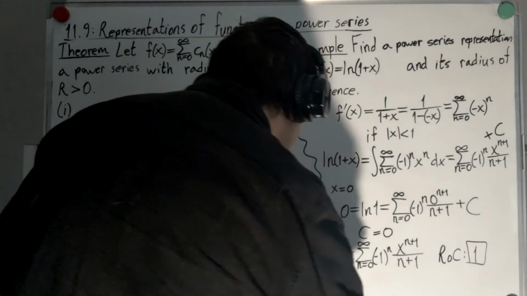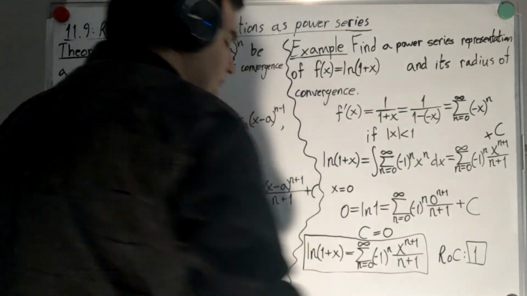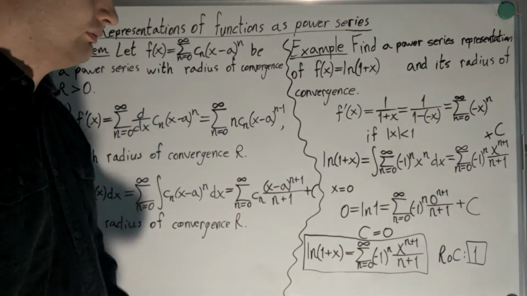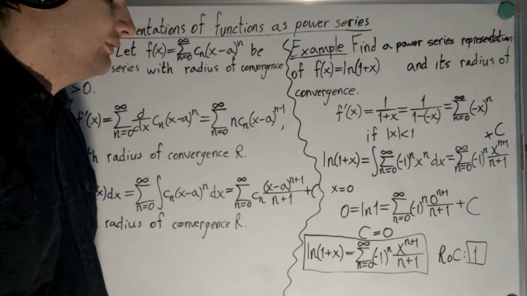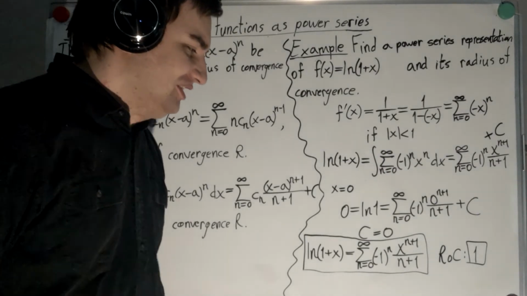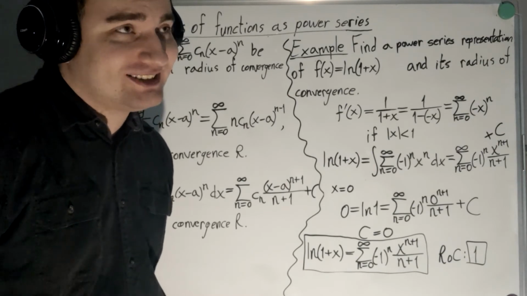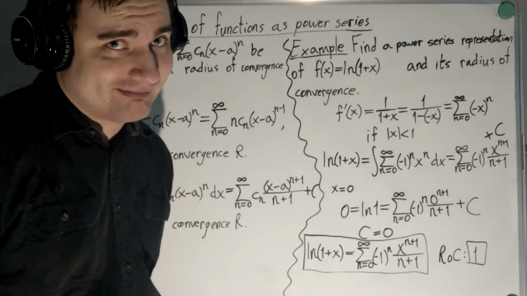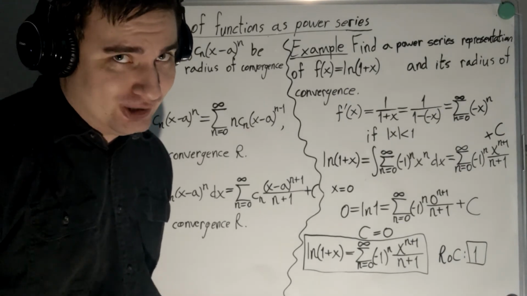And this is our power series representation. Also, in both this and the previous example, the constant of integration c turned out to be 0. That's not always the case, of course. It's certainly possible to have the constant of integration not be 0.